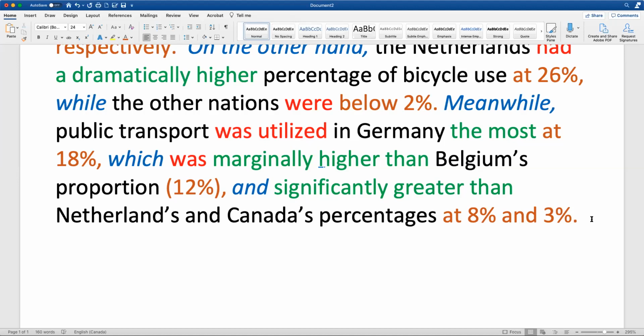Yes. Proportion is another word for percentage, amount. Any other questions? Yes.